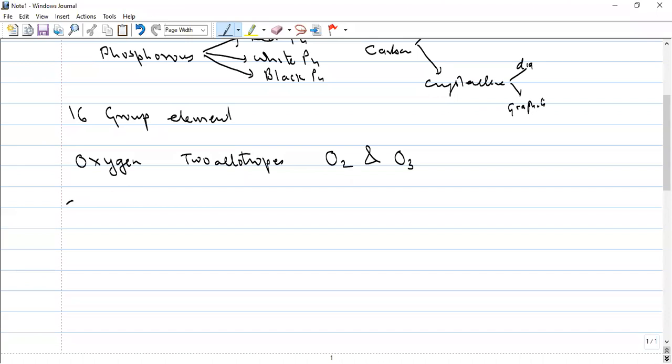Sulfur, the second element, has many allotropes.